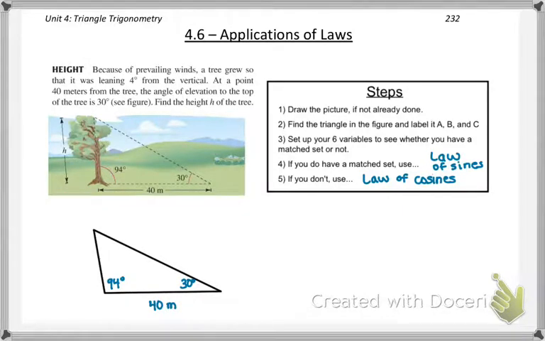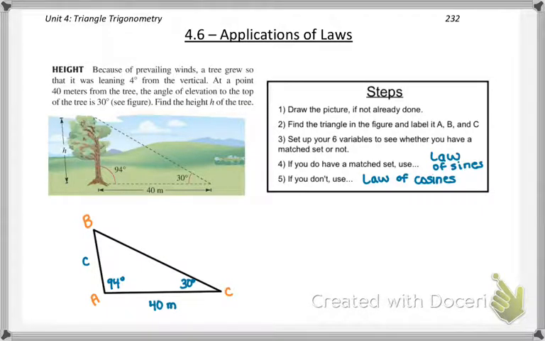So I'm just going to label my triangle ABC. And the height of the tree that I'm looking for, that's going to be my little c, the side opposite angle C. And so that's the information that's given. That's what I'm looking for.